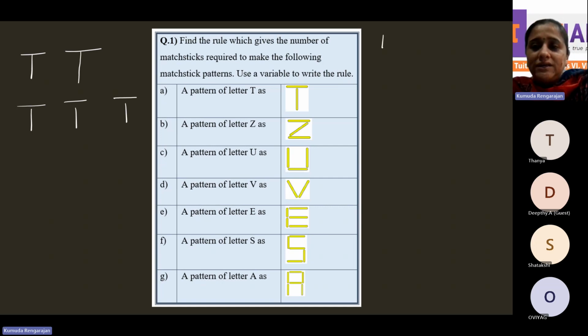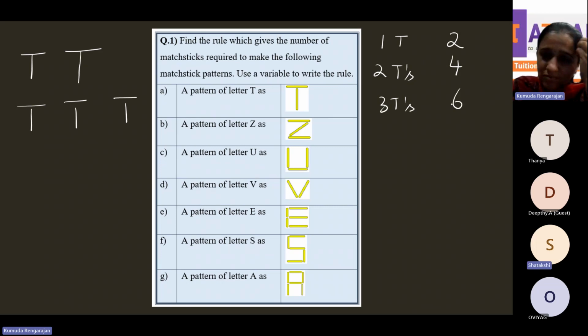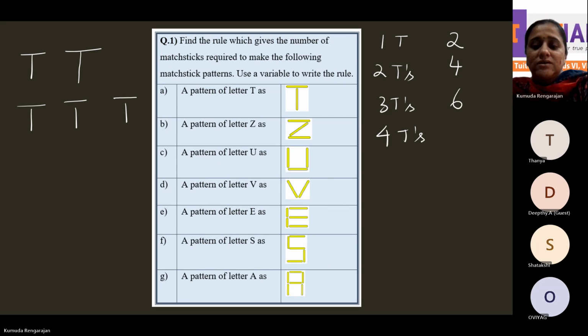To make one T, you need 2 matchsticks. To make 2 T's, you need 4 matchsticks. For 3 T's, you'll need 2 plus 2 plus 2, 6 matchsticks. If you want to make 4 T's, you need 8 matchsticks.